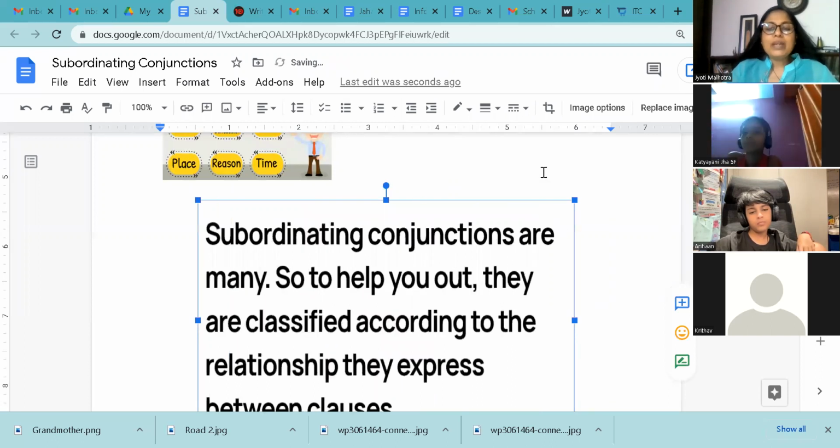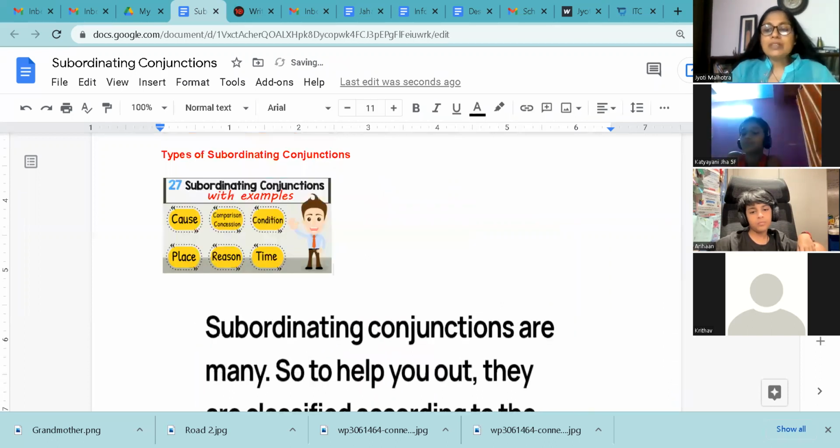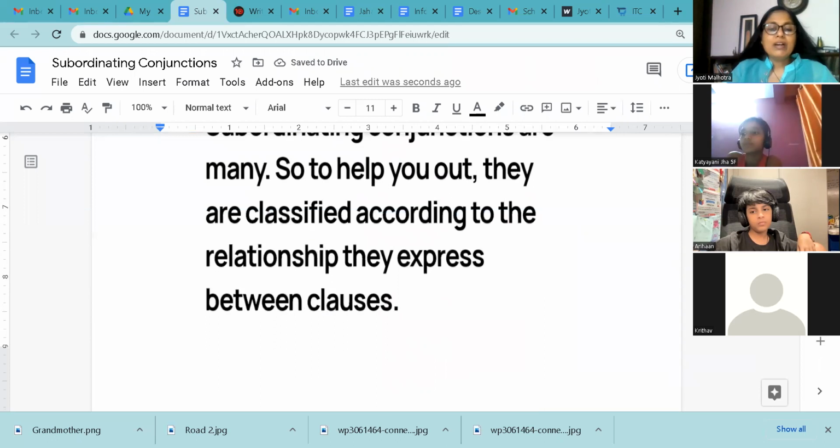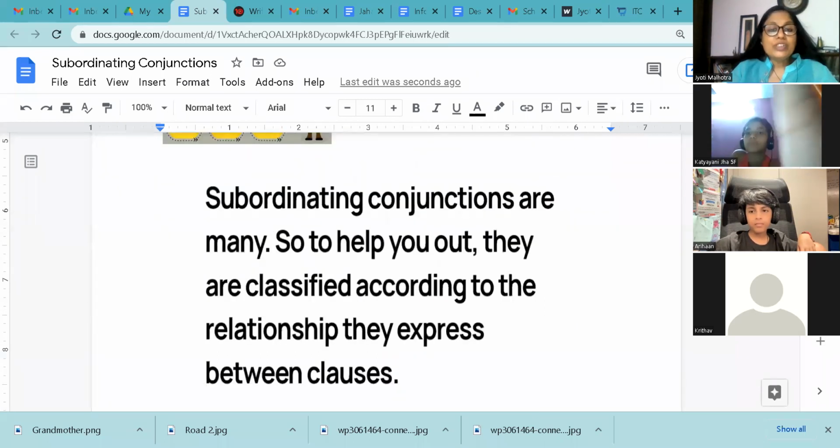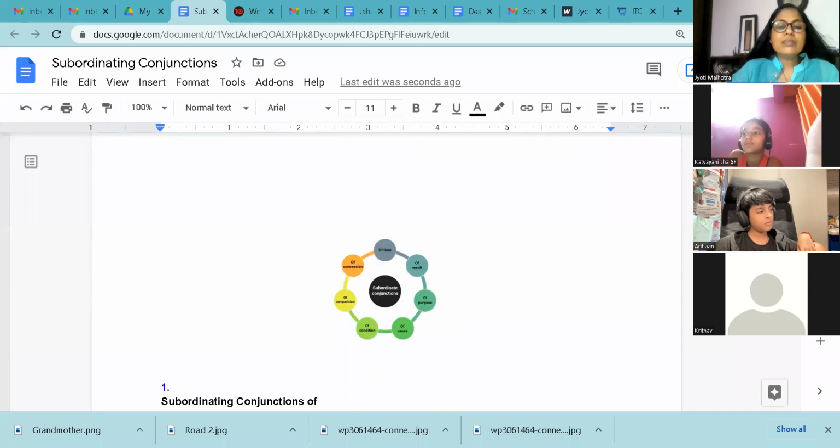Because some of them express time, some express place, some express reason. So because of the relationship between the two clauses, which I've tried to explain to you, they are classified into categories like this.